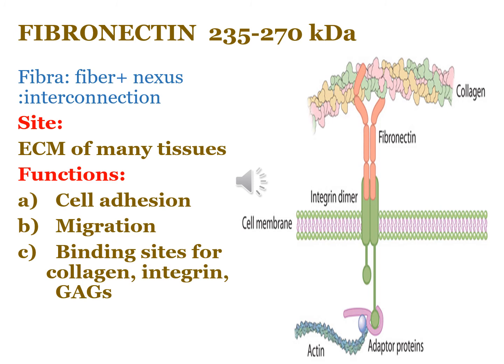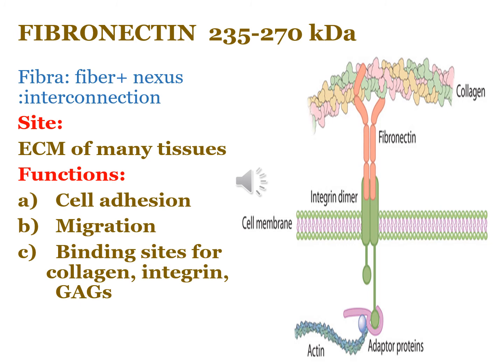The fibronectin substrate provides specific binding sites for integrin. You can see in the picture, it is the transmembrane integrin. Fibronectin is binding to integrin and to the collagen in the extracellular matrix. So it is linking these molecules.